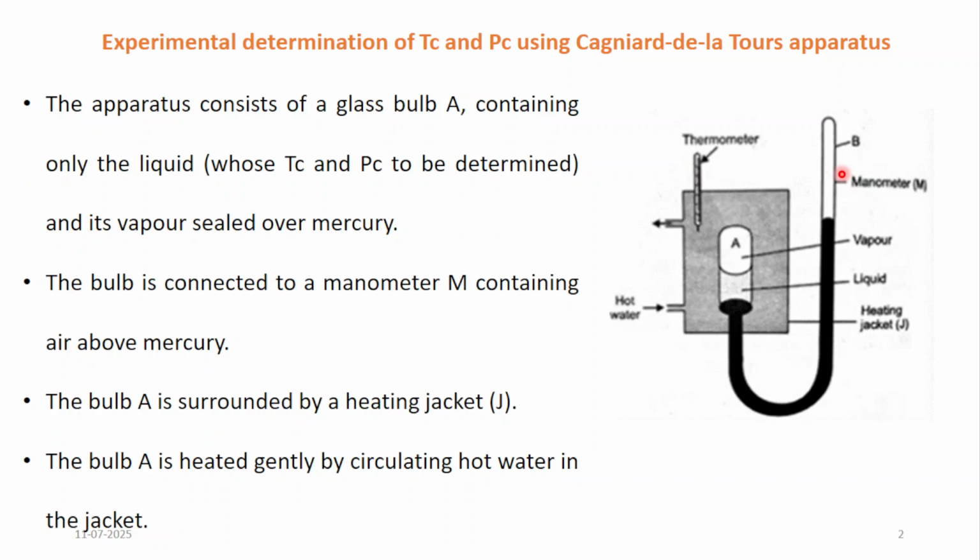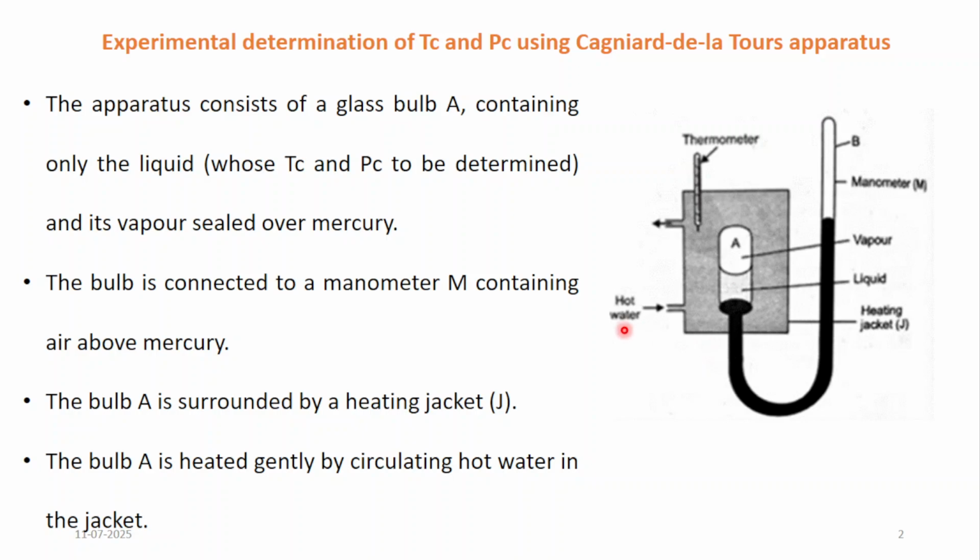This part B shows the pressure, that is the manometer, and this is the heating jacket which surrounds the bulb A, and this is connected to a thermometer. So these are the components of Cagniard de la Tour's apparatus.